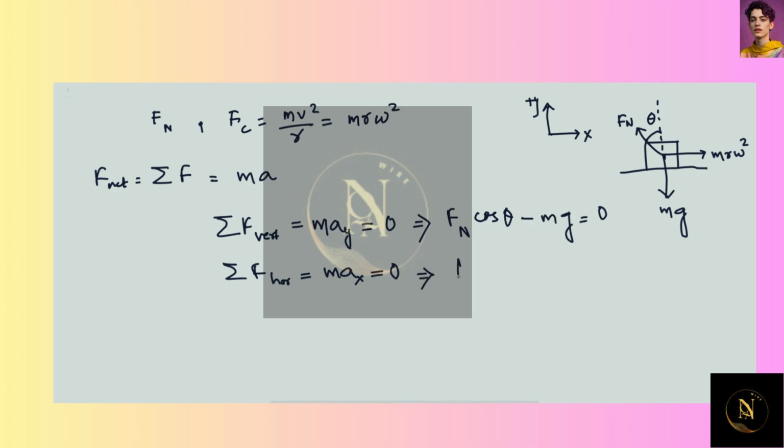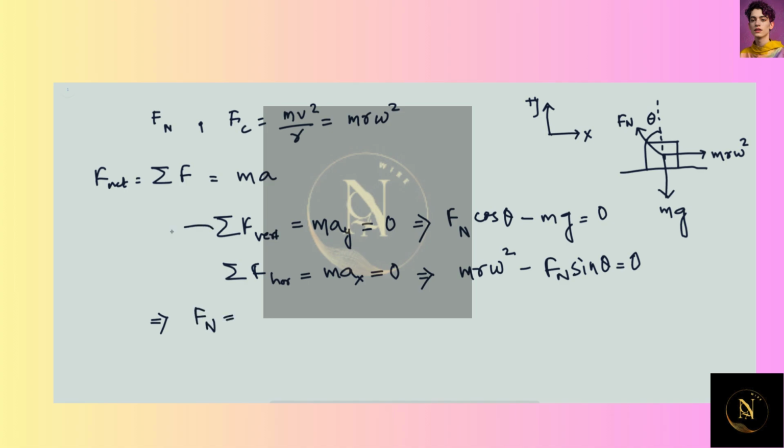Similarly, for the horizontal component, we have m r omega squared, which is in the positive x direction, minus Fn sine theta equals 0. Now we can solve these two equations to find an expression for the magnitude of Fn.